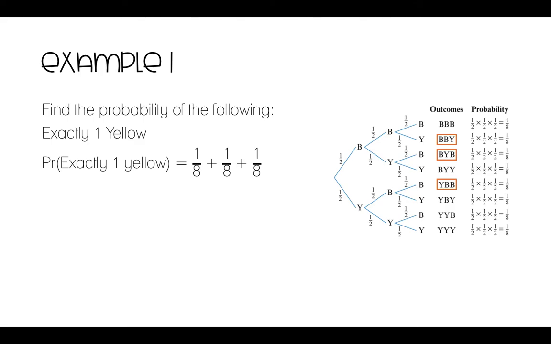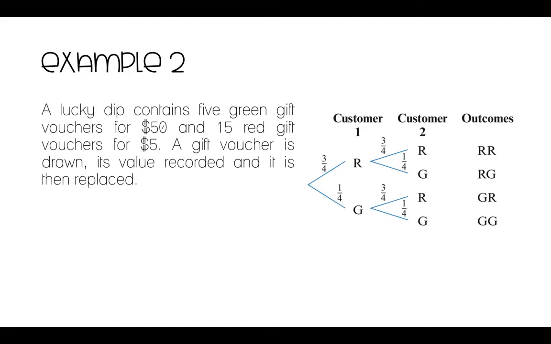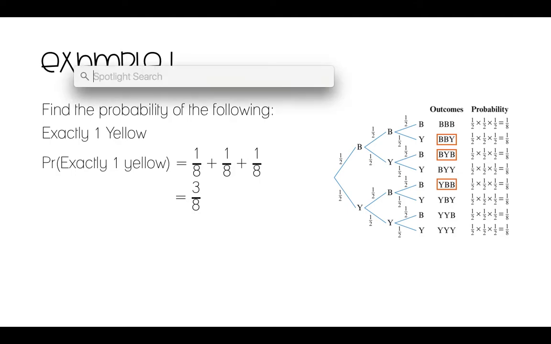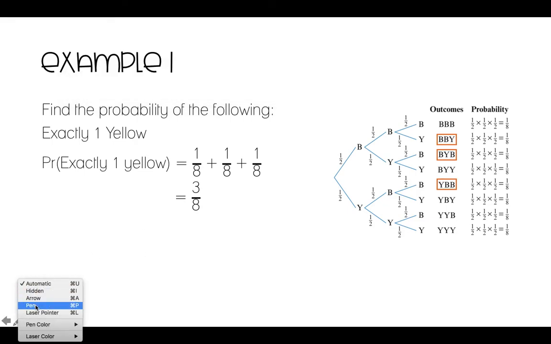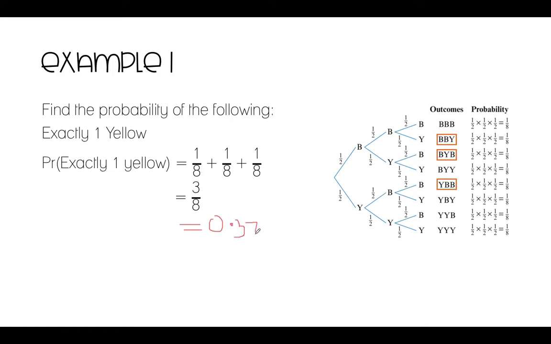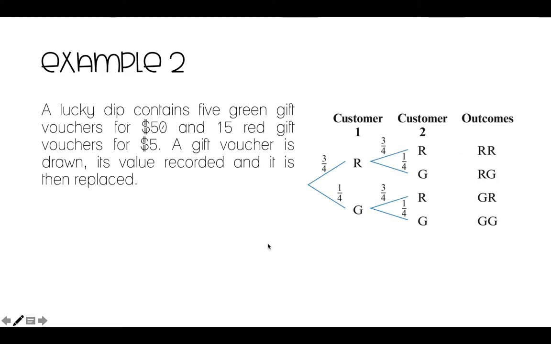So in this case, we have the probability of exactly 1 yellow is 1/8 plus 1/8 plus 1/8, which gives us 3/8. And then 3/8 as a decimal is 0.375.